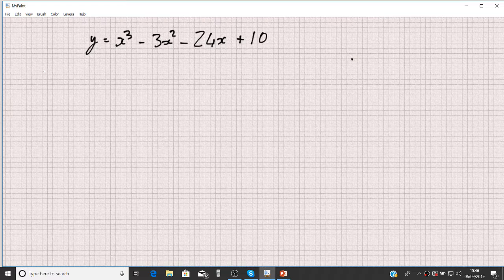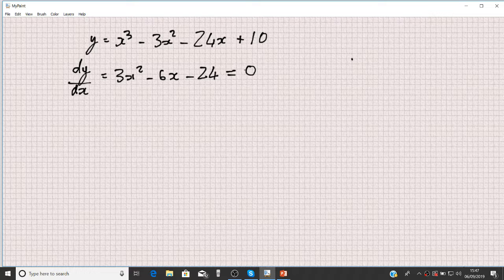So dy/dx, first of all, is 3x squared minus 6x minus 24. And to find the stationary points, we set the first derivative equal to 0.